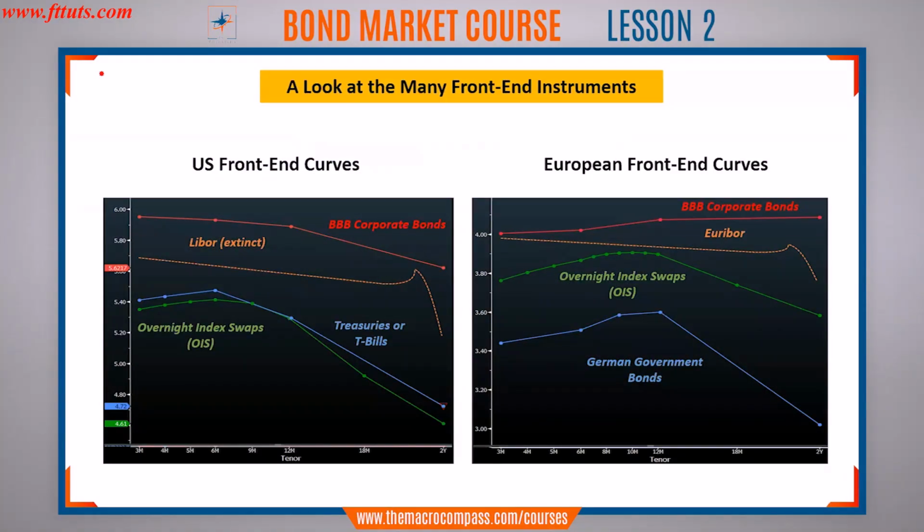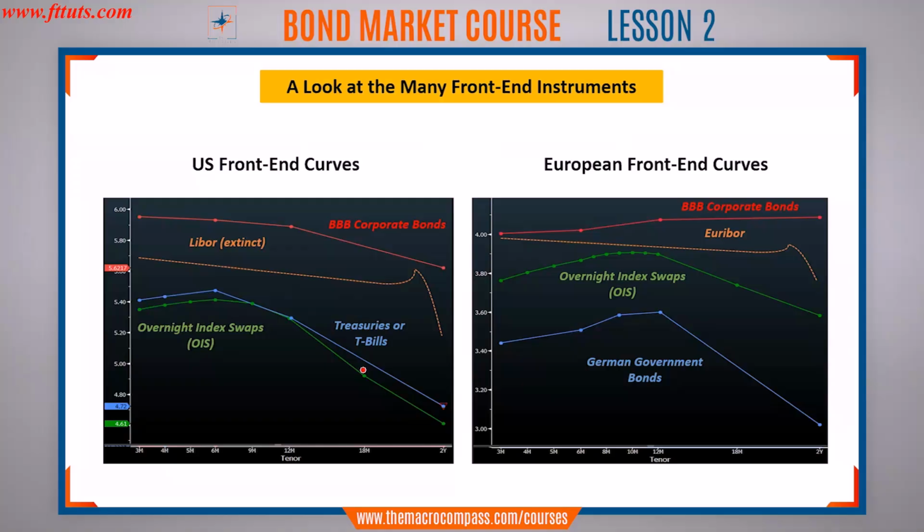So guys, as I just said, the front end of the bond market is really composed of many instruments, not a single one. In order for us to have a look at the main, most common front end instruments, let's have a look at the US front end curves and European front end curves. You can see 4 of them depicted in these charts. So let's start from the US.